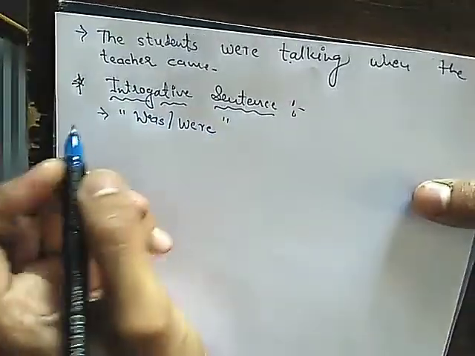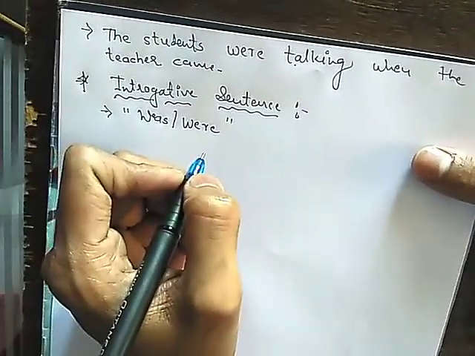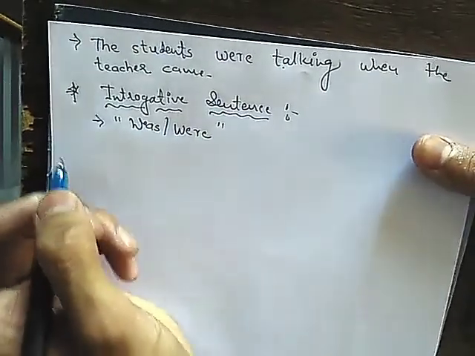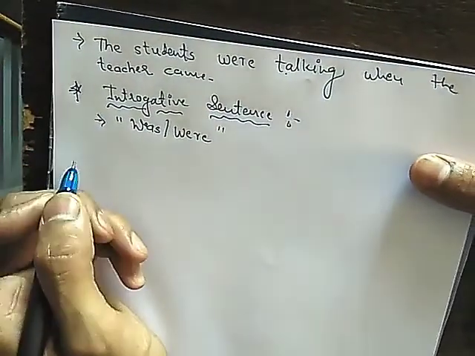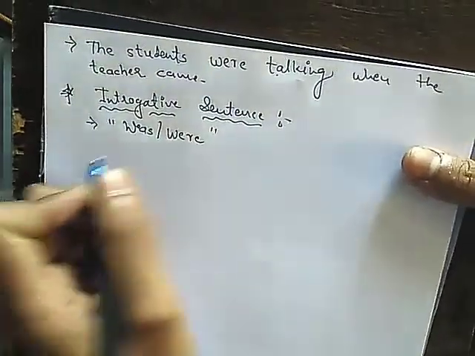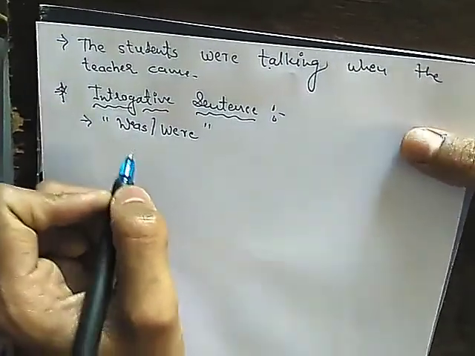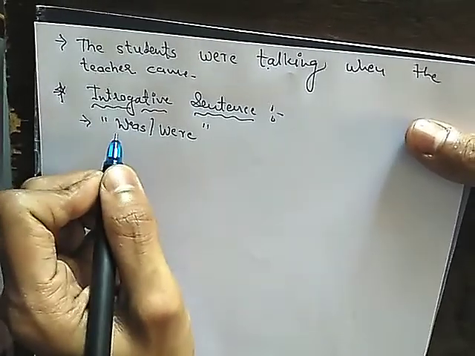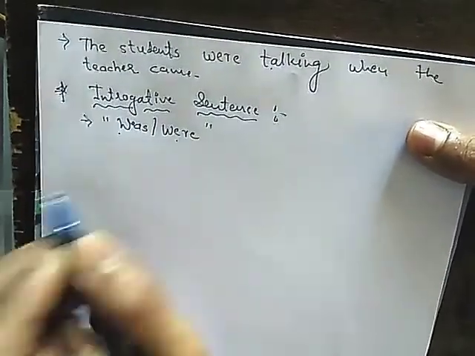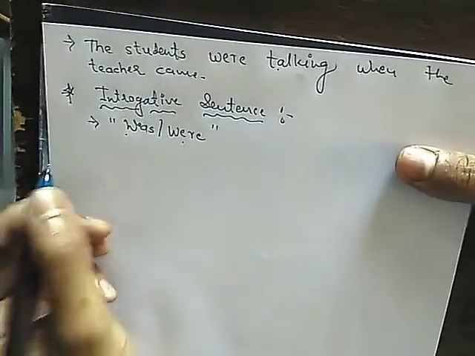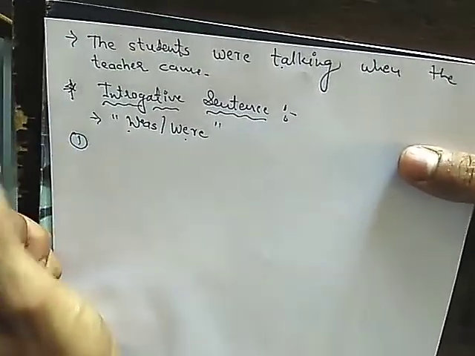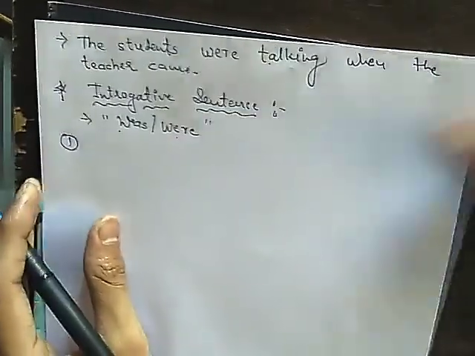Then after, the structure will be the same. If I talk about simple past tense, at that time you use did, but here we are not going to use did. Instead of did, here we have to use was or were. Let us make some examples so that you can get some idea.